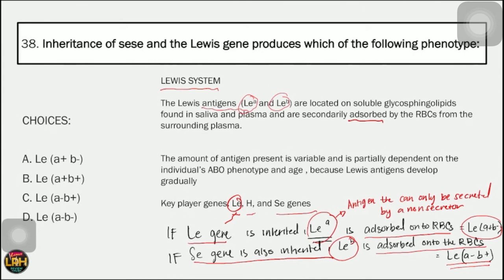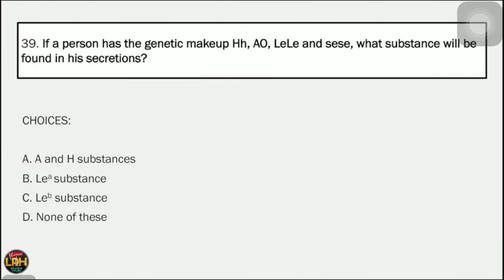So for this question, the individual only inherits the Lewis gene. So only the Lewis gene. So this would be the phenotype Lea positive, Leb negative. Number 38, letter A. Number 39, if a person has a genetic makeup of big H, small h, heterozygous A, Lewis, and small se, what substance would be present in his secretion?